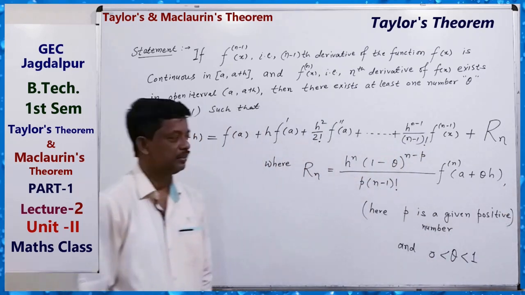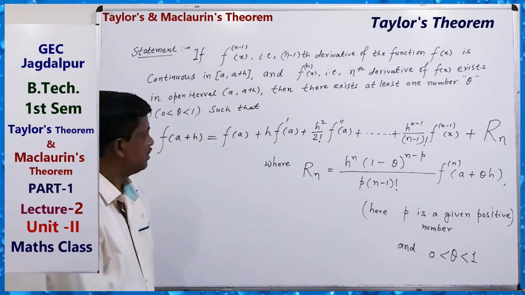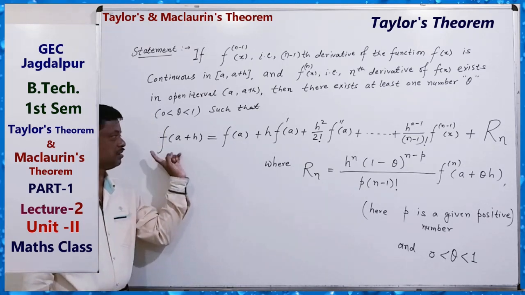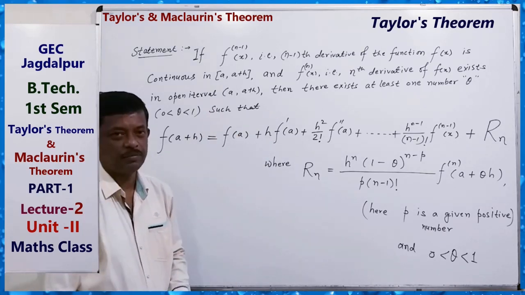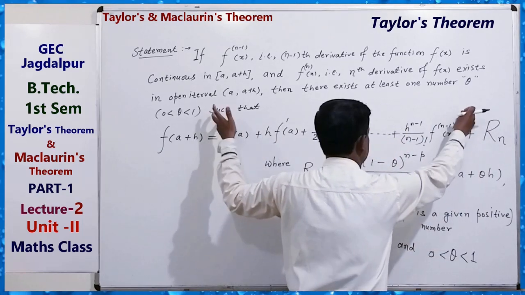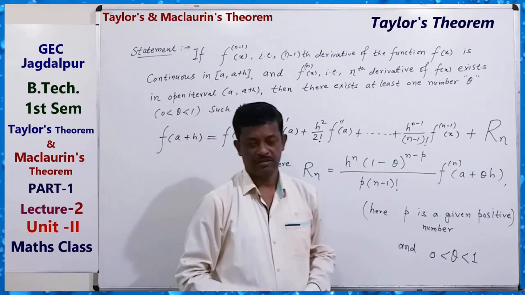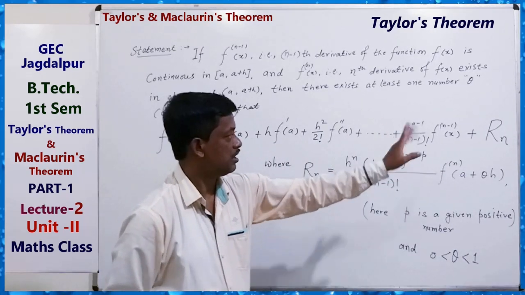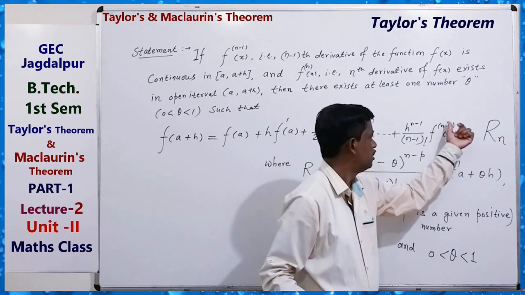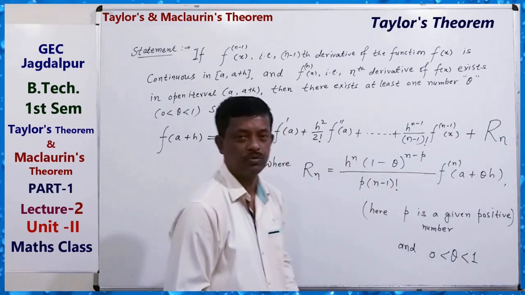This is the statement of Taylor's theorem. The expansion has n terms, and after the n terms comes the remainder Rn. Up to n terms means Rn; with n-1 terms it would be R(n-1), and so on.